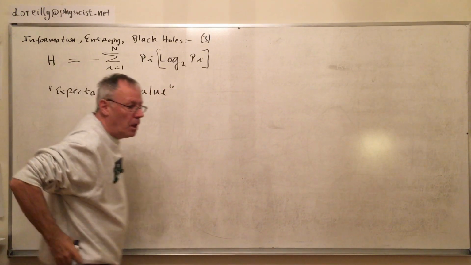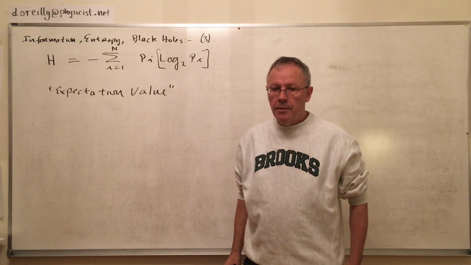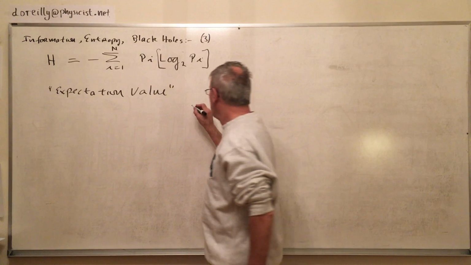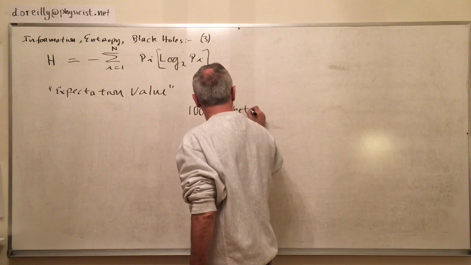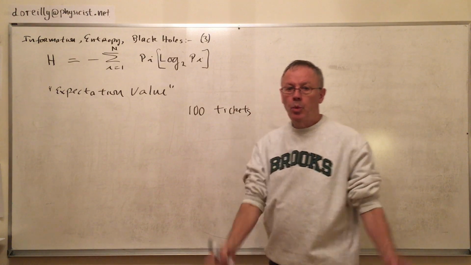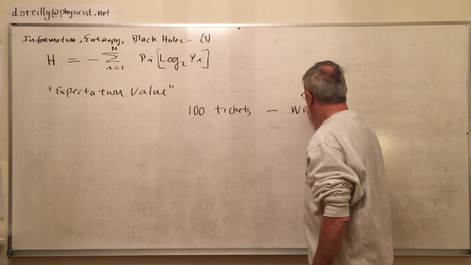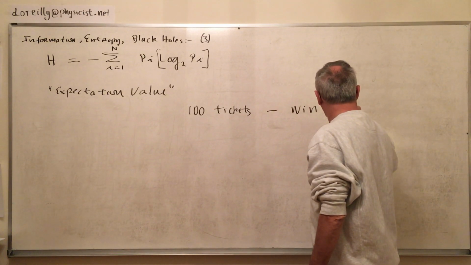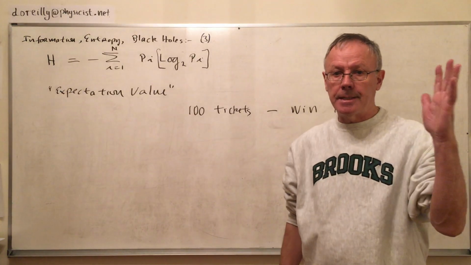Let's see what it is. Okay, I'll do it by an example. Expectation value. There are 100 tickets printed to win $100. Okay, I buy all the tickets.